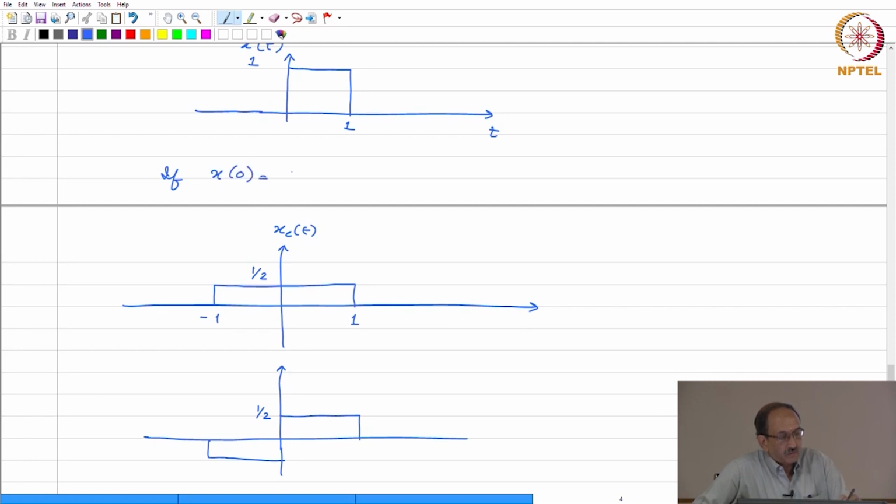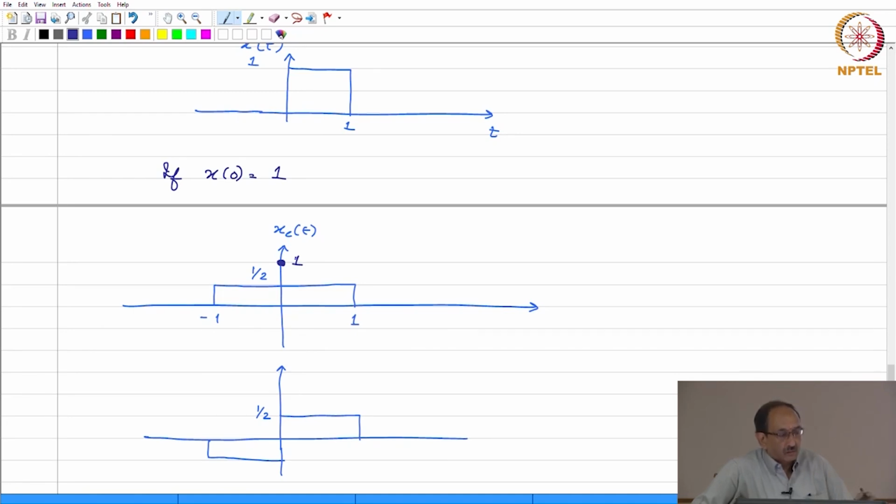If x of 0 is 1, then for that particular case the even part is really, at 0 the value will be 1, because x of 0 plus x of minus 0 by 2 will give you a value of 1.